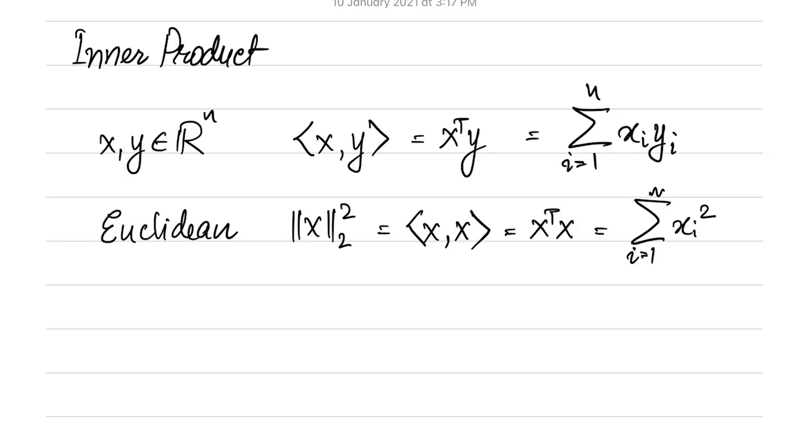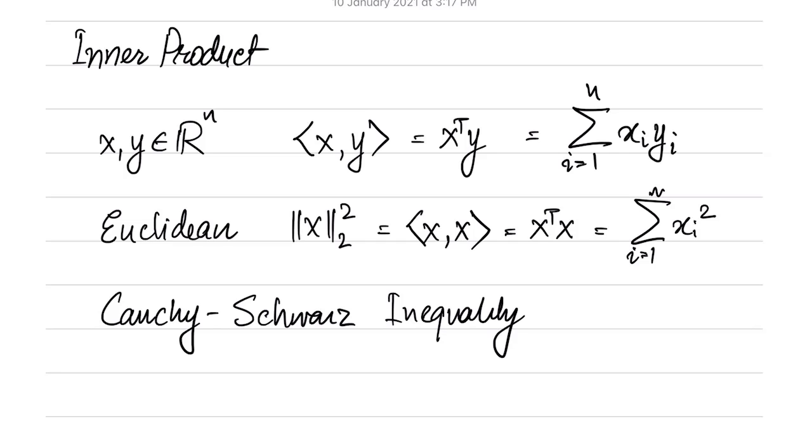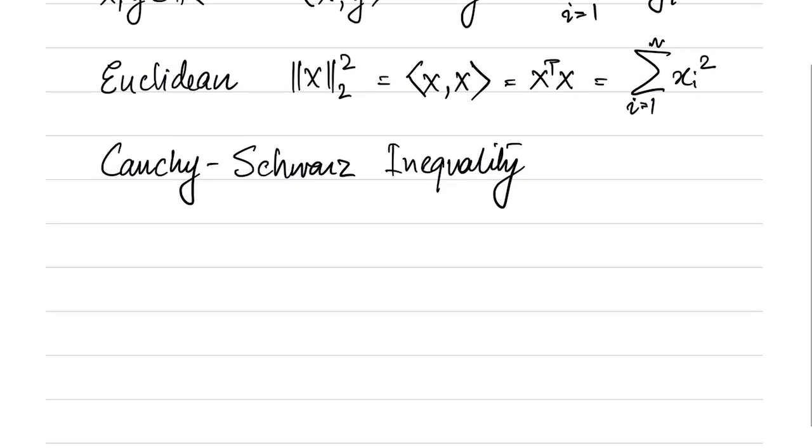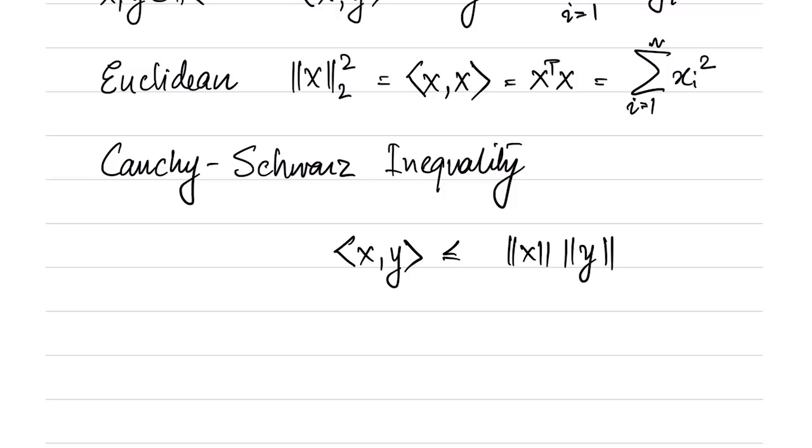A related concept in this context is that of the Cauchy-Schwarz inequality. The Cauchy-Schwarz inequality takes the form: the inner product of x and y is less than or equal to norm of x times norm of y.